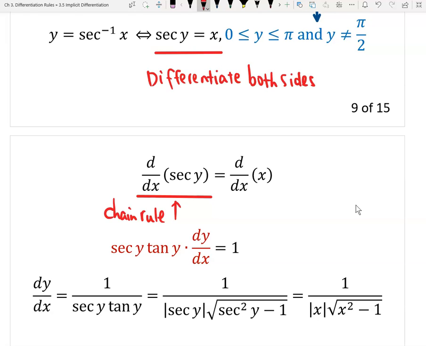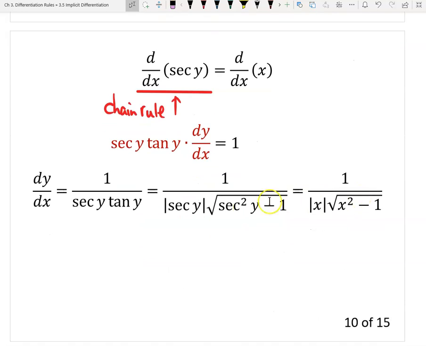The right, of course, is 1. So chain rule is the derivative of the outer times the derivative of the inner. Derivative of the outer is what? Secant take derivative is secant times tangent. Can you see? Here is the outer, here the inner. Now what do we do? We solve the equation. We get dy dx is 1 over secant times tangent.